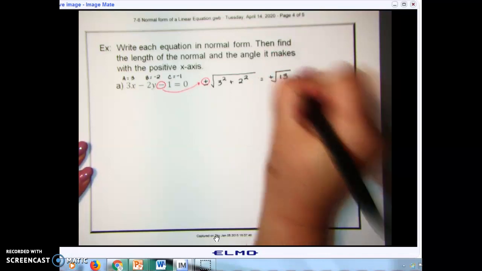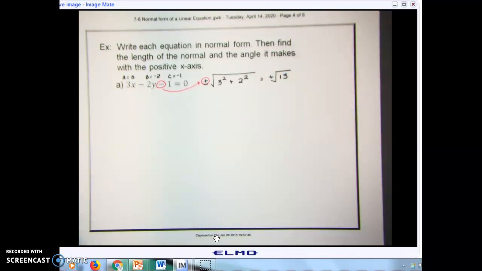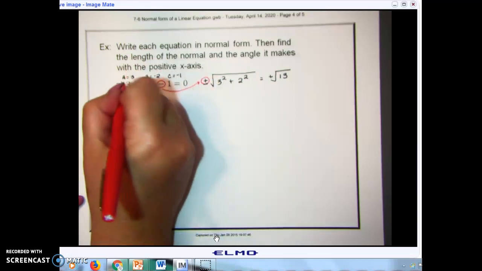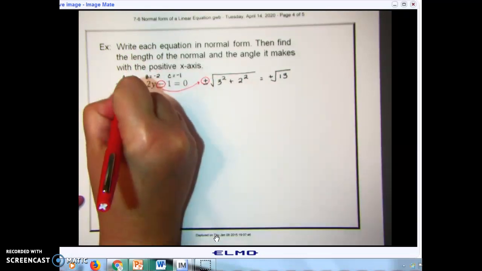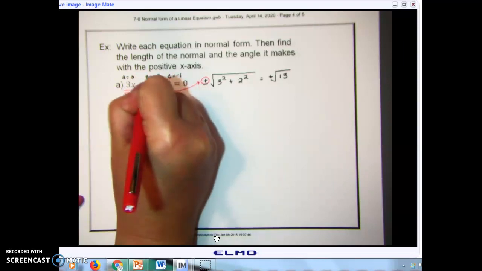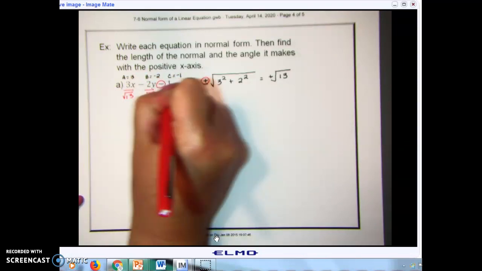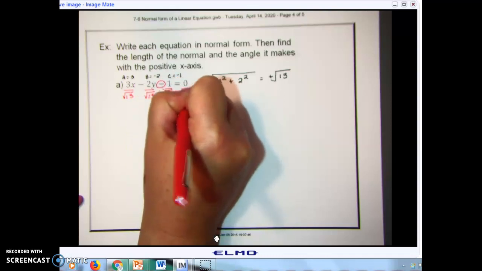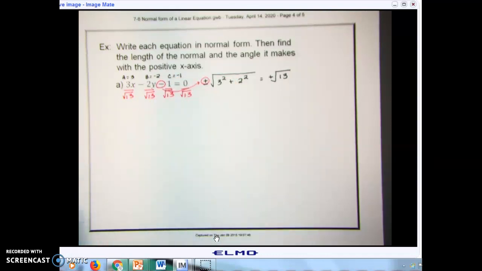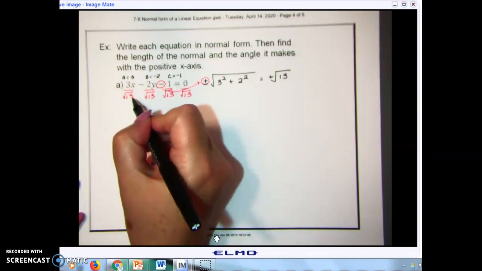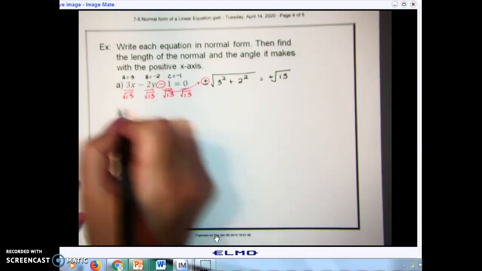Okay? So when we finish this, we end up with 9 plus 4, so it's going to be positive the square root of 13. So like the directions said, we're going to take each of these values and divide it by a positive square root of 13. Okay, and if we simplify that, remember you can multiply this by root 13 over root 13.